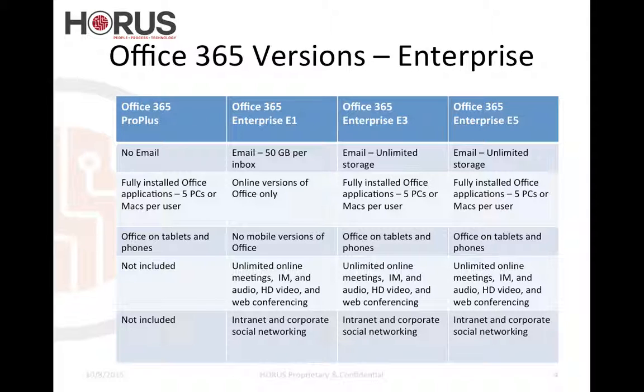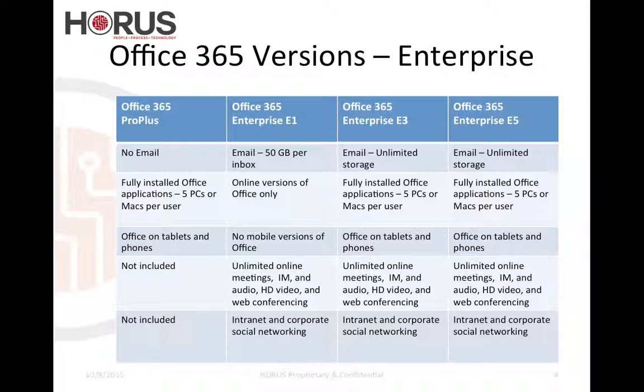Online versions of Office only, meaning that you will not be able to install Microsoft Office on your local PCs or Macs, but it does get you email and it does get you unlimited meetings, IMs, audio, HD, etc. However, just like in the previous example, if the primary reason for purchasing Office 365 is to get local installation of Office, then I would consider going with Office 365 Pro Plus. But if you already have Office licenses to install on your PCs or Macs, I would consider going with Office 365 Enterprise E1.